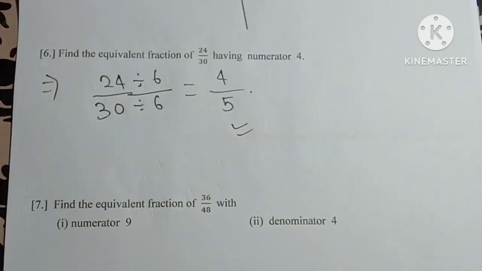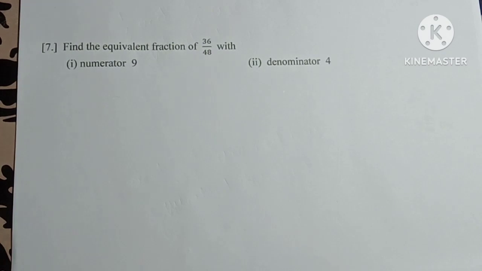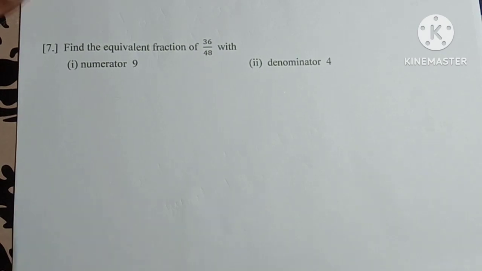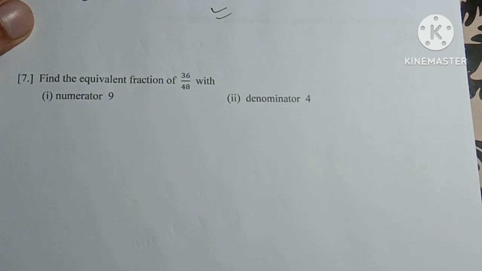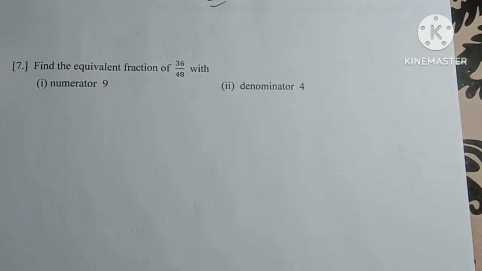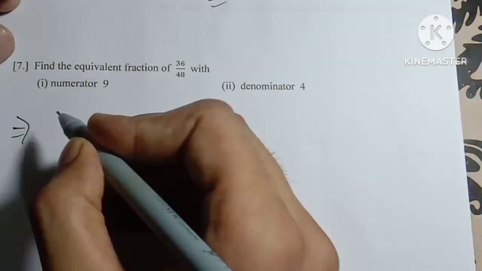Moving forward to the next question, same question but with the twisted method of the 6th question. Here we have to find an equivalent fraction whose numerator is 9. Here also we have to divide. By which number do we have to divide? In the 9th table, with which number will you divide 36 so that you will get 9? We know that 9 fours are 36, so definitely we will divide by 4 in order to get 9.